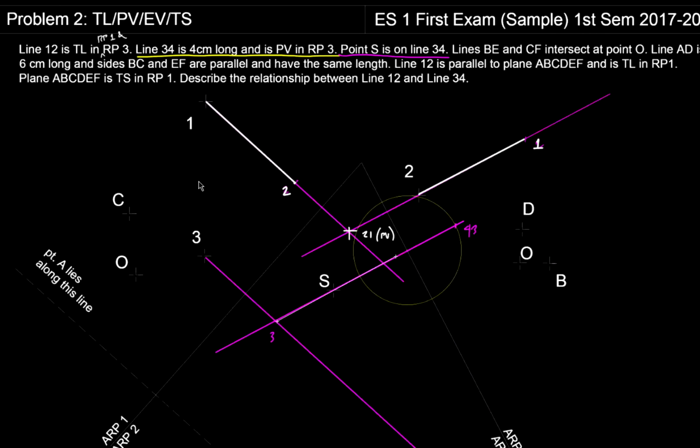Edit preferences. What was the problem again? 4 centimeters. So, let me set it to centimeters first. So 4 centimeters based on the ruler, no? It's close to this distance. No? This is 4 millimeters, it says.